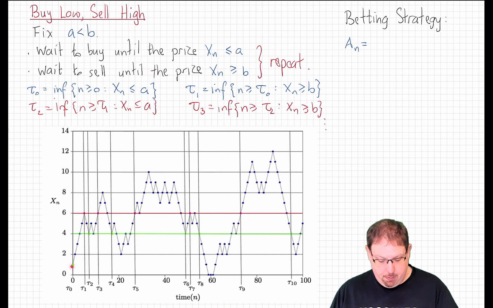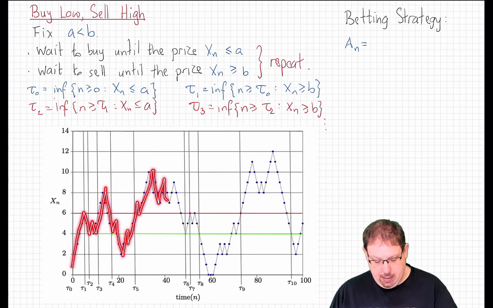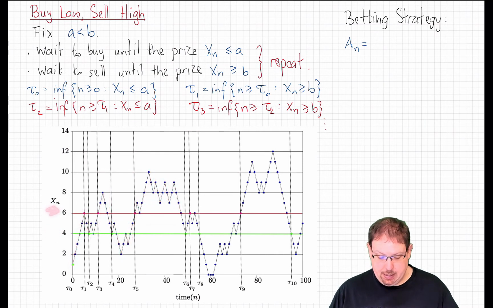Here is one sample path of our submartingale, and we've set A equal to 4 and B equal to 6 in this example. So we see tau 0 in this example is at time 0 because it starts out with a price less than or equal to A. And then tau 1 is here when we reach the height 6.